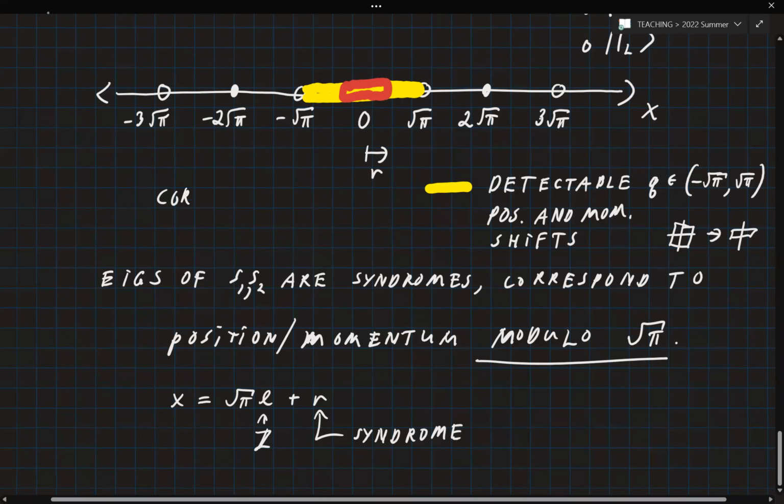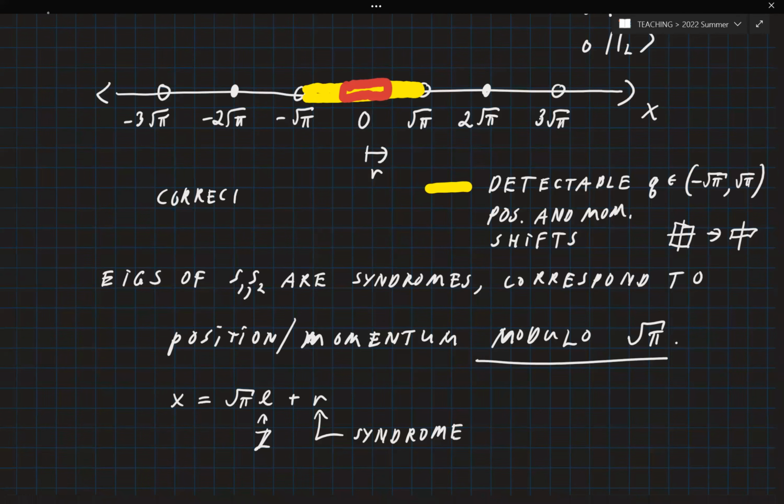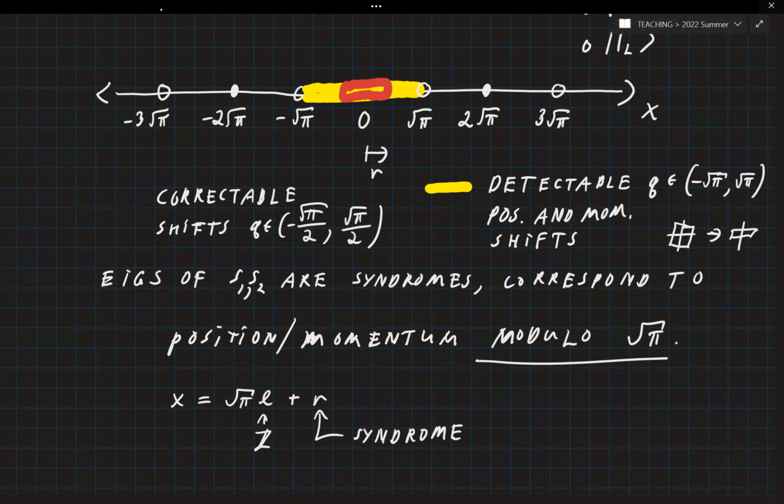And so because we only have this many labels that we can extract, this many error syndromes, our set of correctable shifts is half as much as the set of detectable shifts. Very much similar to a code that detects errors on 2 qubits can correct an error on any 1 qubit.